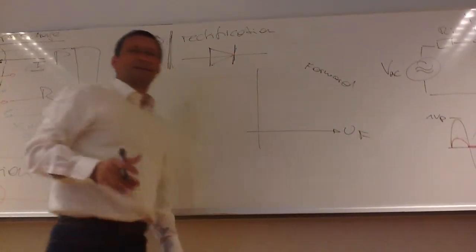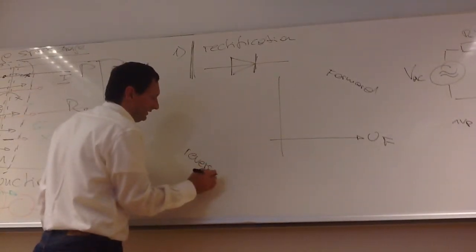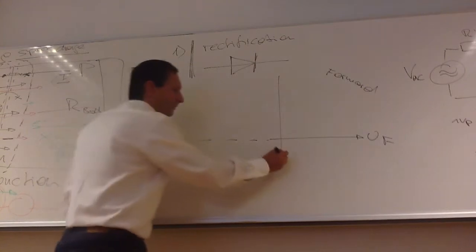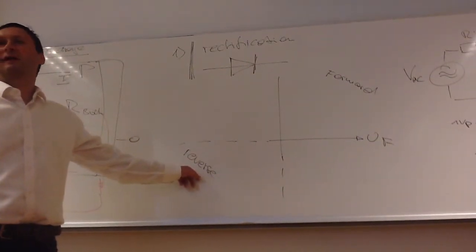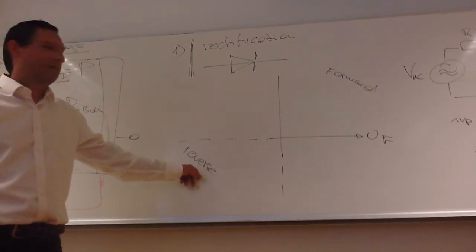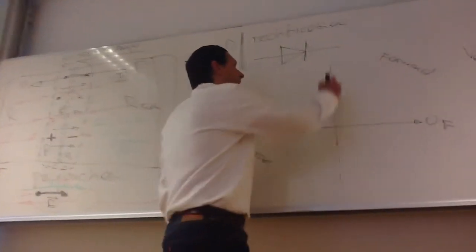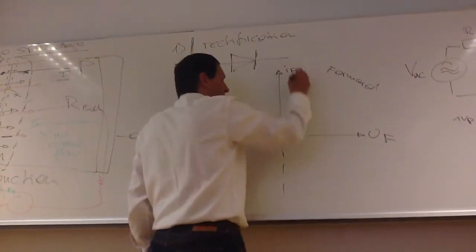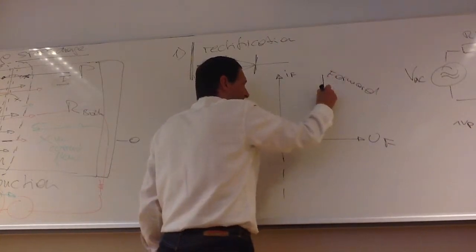That's the conducting area. And that's the reverse area. So that's when there ought to be no current flow, but there is still a minute current flow. In the forward direction, there is an exponential rise in current.